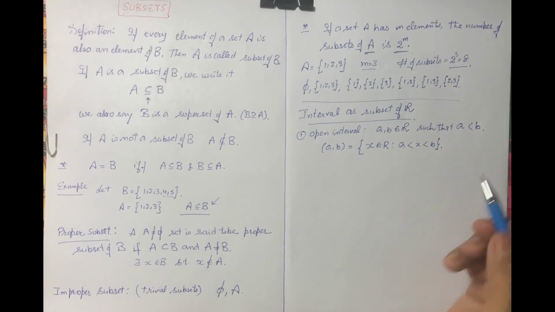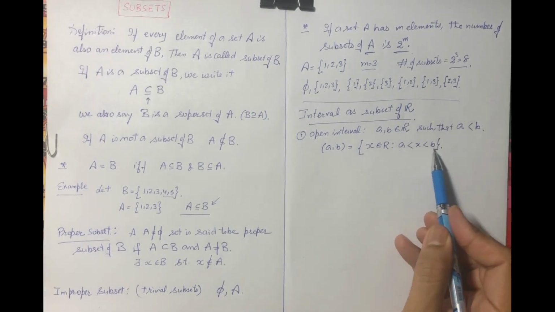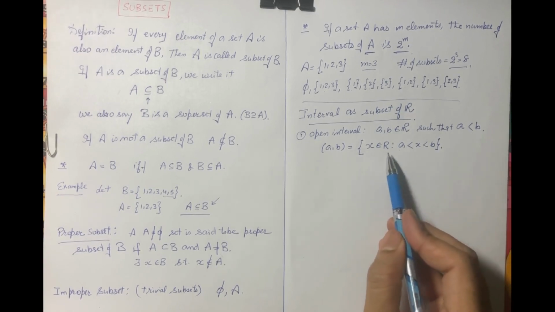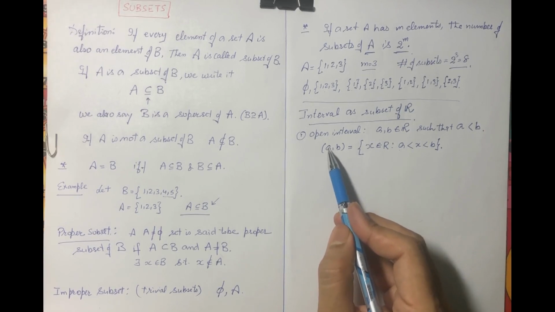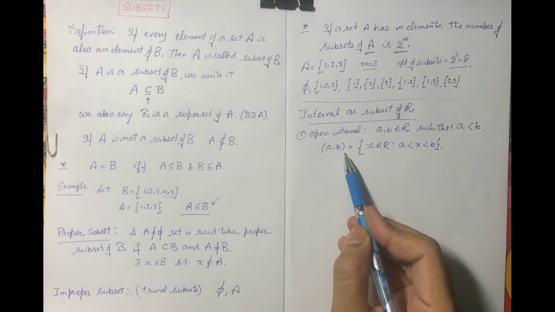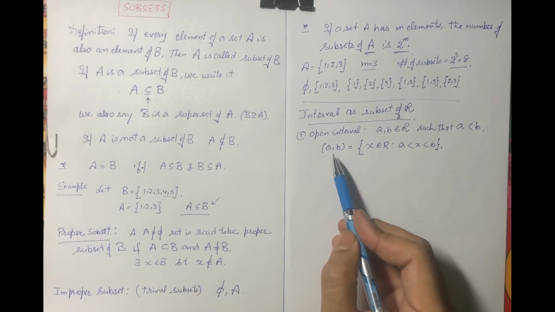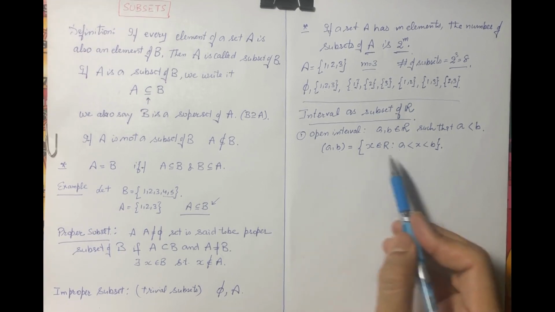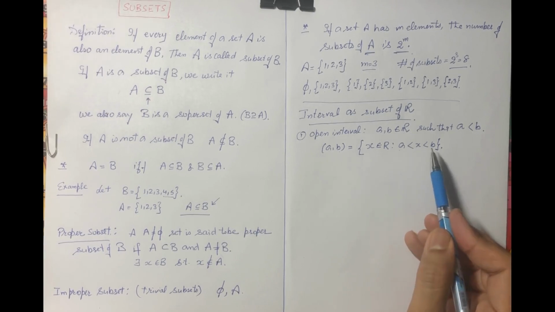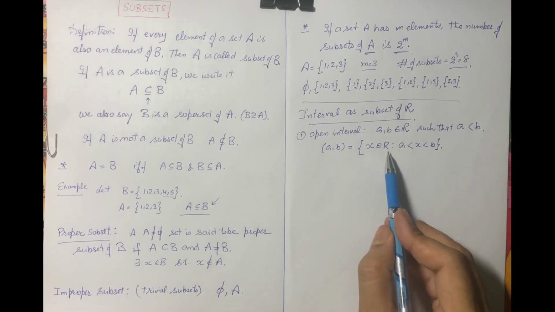So you see, the set of all real numbers which lie between a and b with strict inequality is called an open interval and is denoted by round brackets a comma b. Here endpoints are not included in this set. Only the members strictly greater than a and strictly less than b are part of this set.